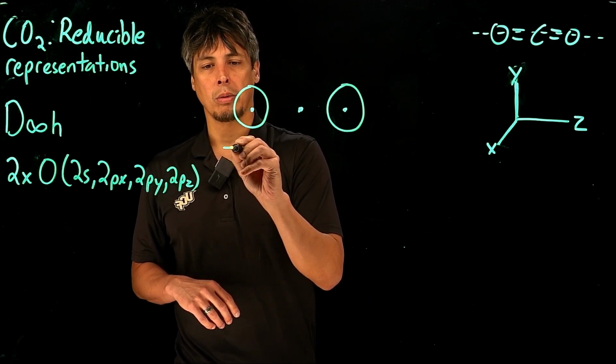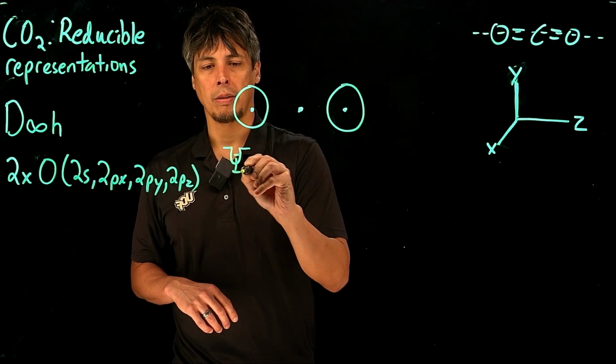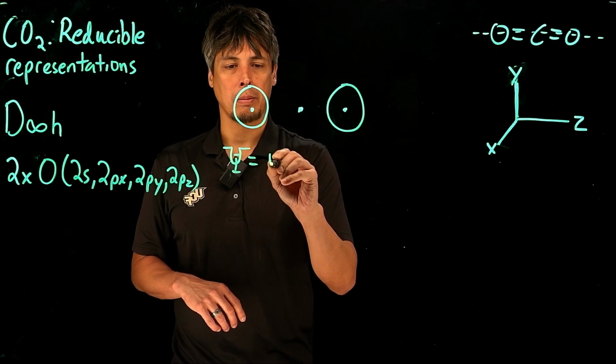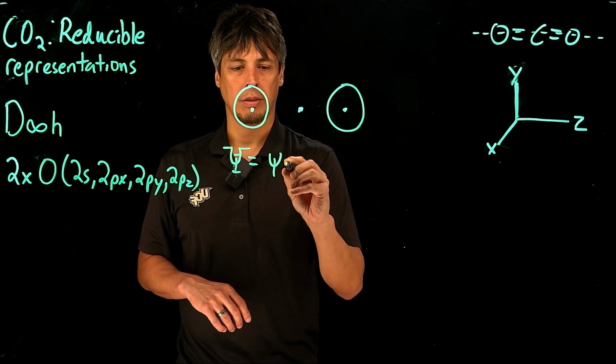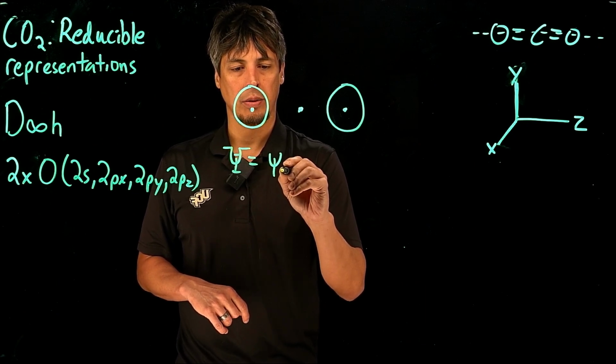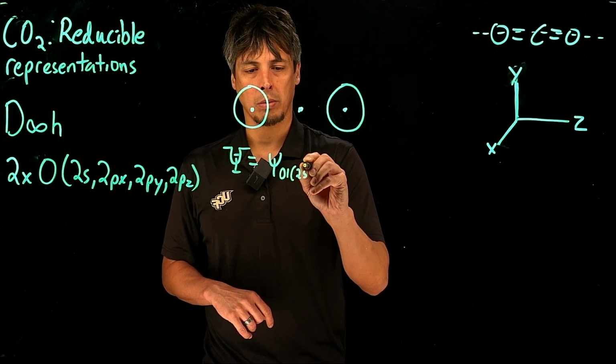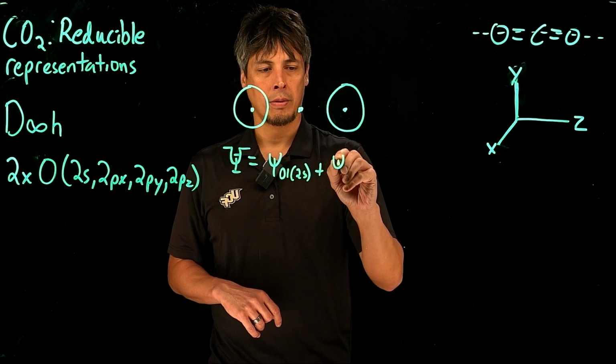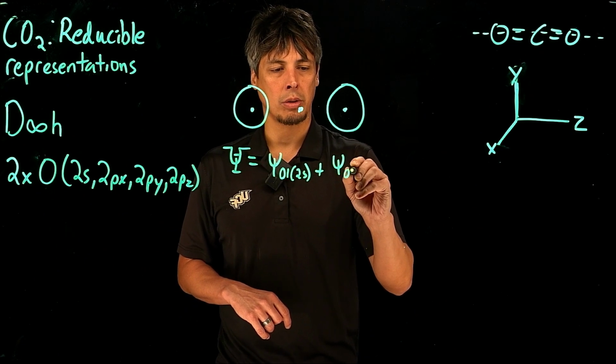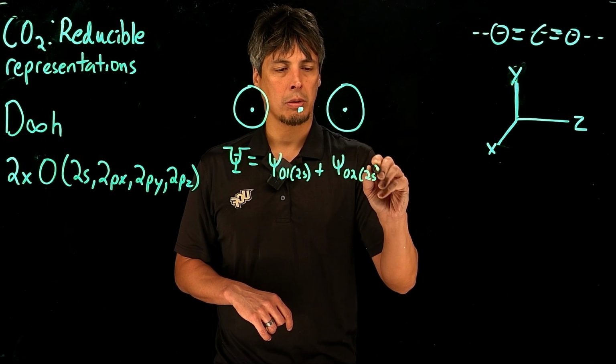So in other words, the wave function for this would be a linear combination of the oxygen atom 1, O1, 2s orbital plus the atomic orbital for O2, 2s orbital, okay?